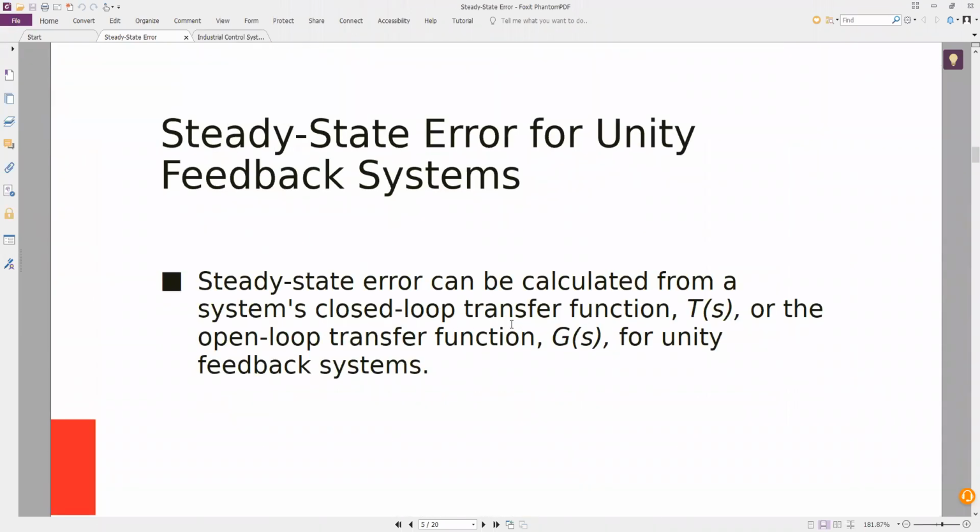And steady state errors for unity feedback systems. Say, if we have the unity feedback system, then what would happen? Steady state error can be calculated from a system's closed loop transfer function T(s) or the open loop transfer function G(s) for unity feedback systems.